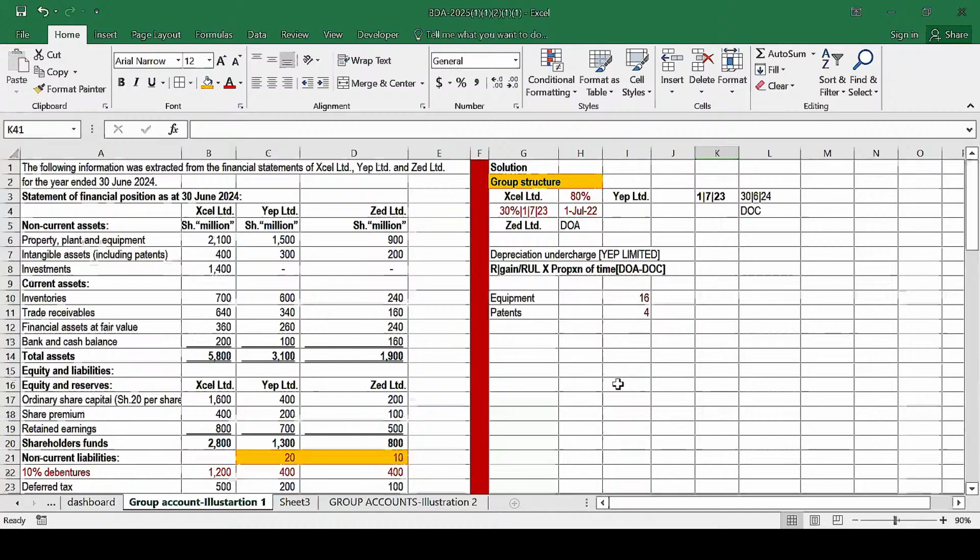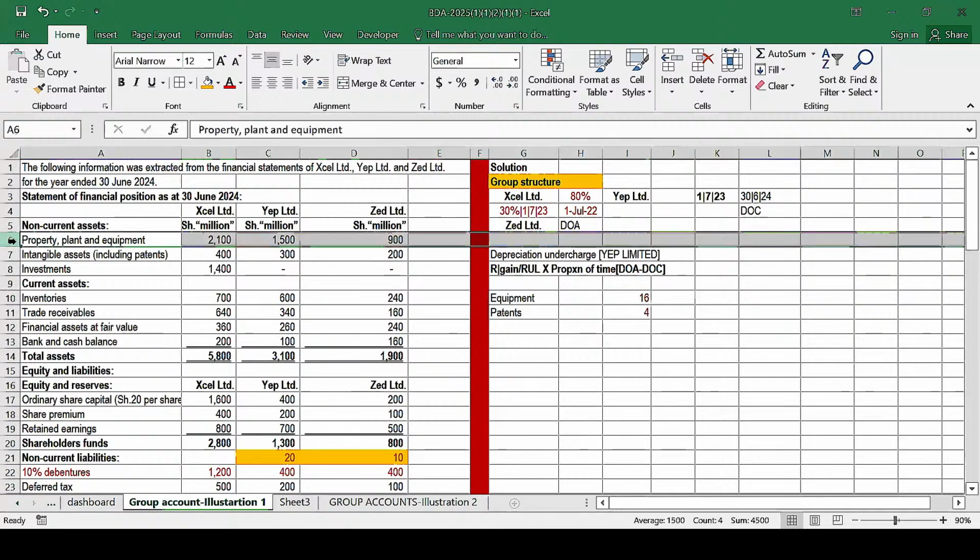So how are we going to deal with this particular depreciation under charge? This depreciation under charge, number one, will be deducted from the PPE because equipment is part of this, and also deducted from the retained earnings of this company. The same case for patent, which is part of intangible assets.